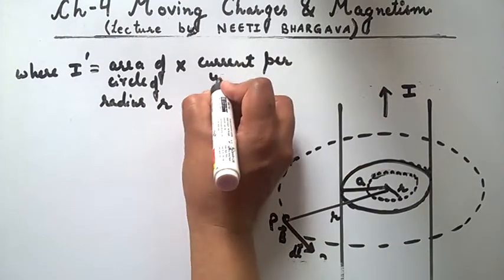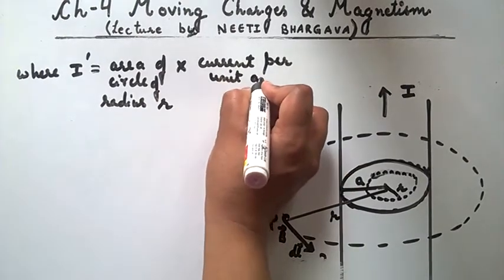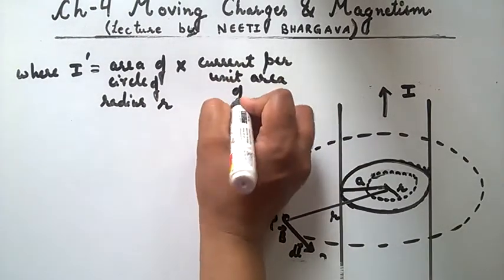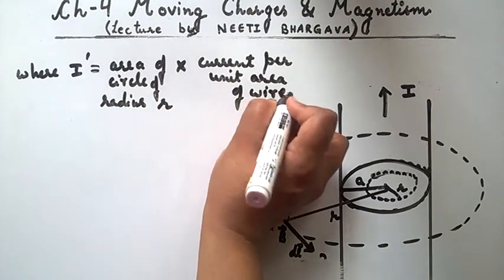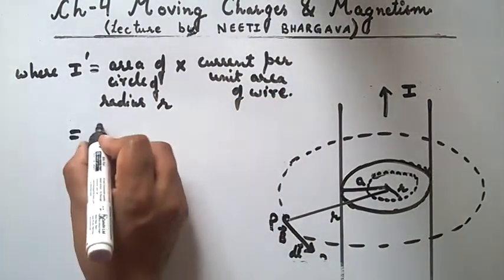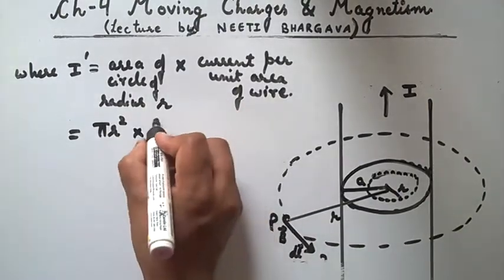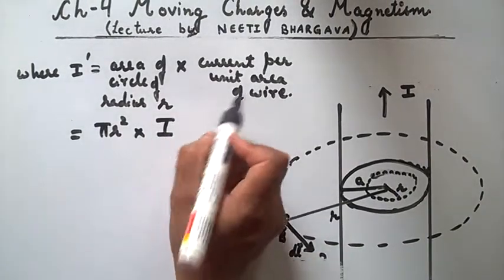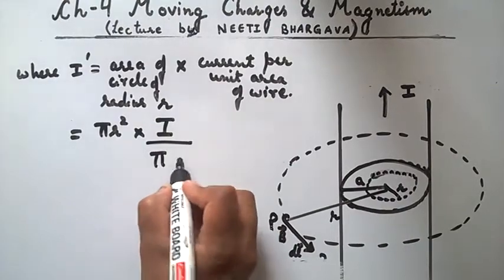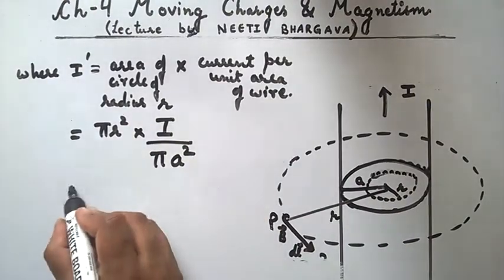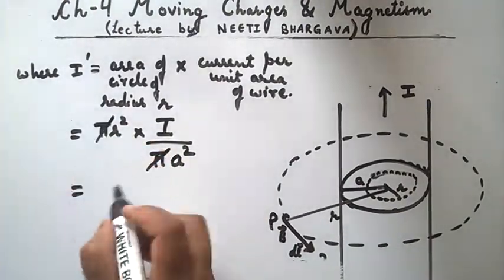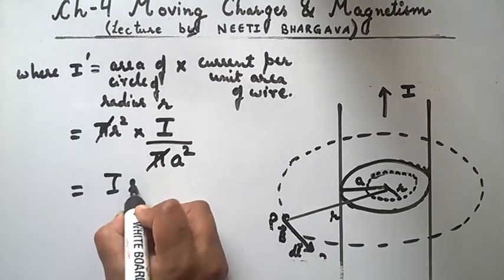Per unit area, the area of the circle of radius r is pi r square, into current: total current is I, per unit area of the wire, which is pi a square. So it is equal to I r square by a square.